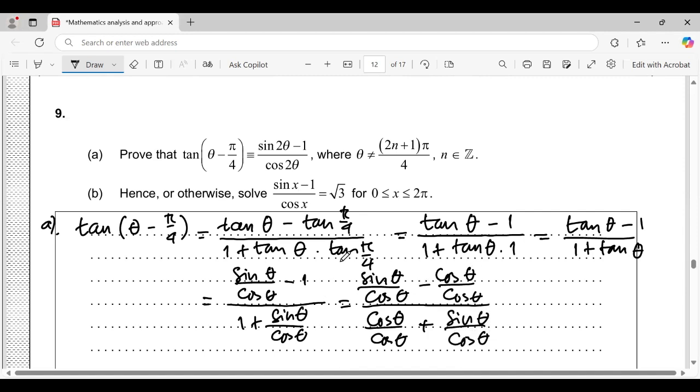So the numerator and denominator have the same denominator: sine theta minus cosine theta over cosine theta, over cosine theta plus sine theta over cosine theta.